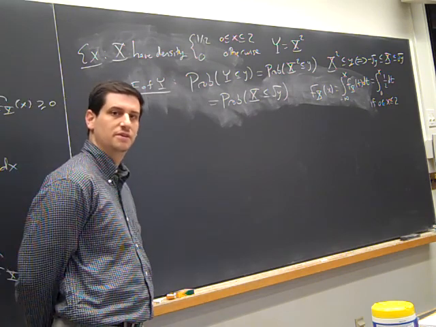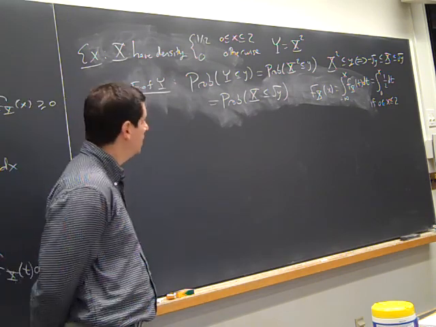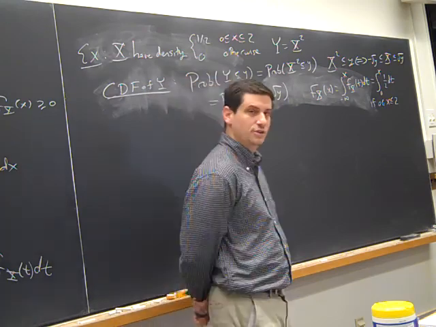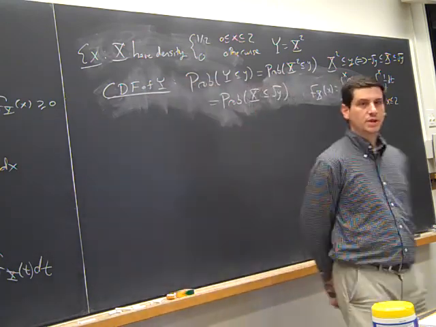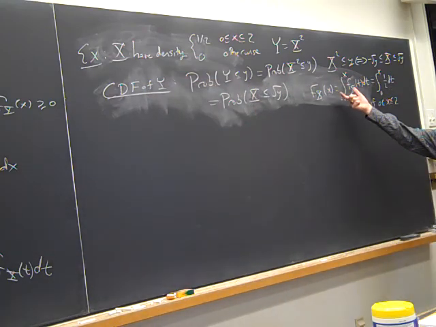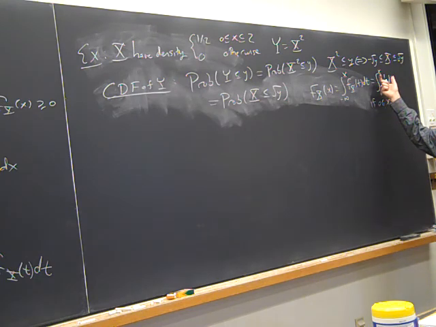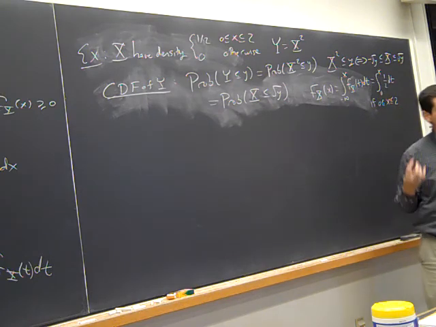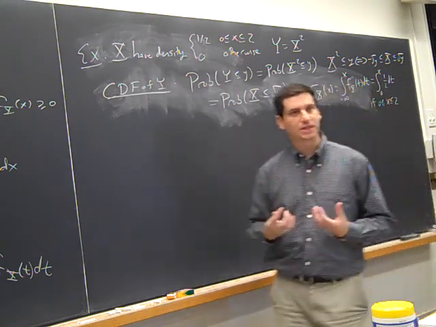You just plug in root y for x? So that's one thing I could do, but that would require me to actually evaluate the integral. That would give me the CDF. Right. So once I have the CDF for y, how do I get the PDF?